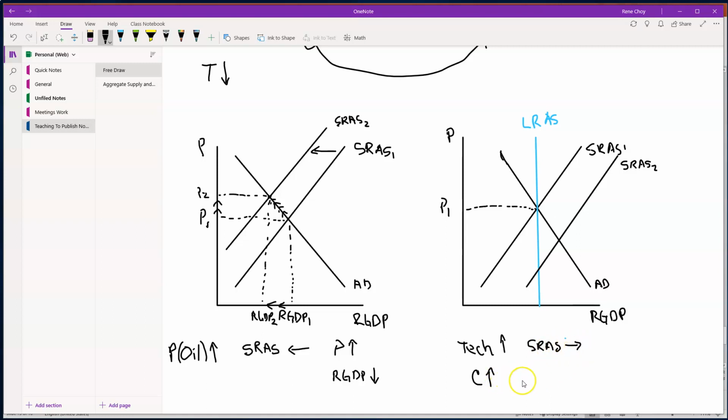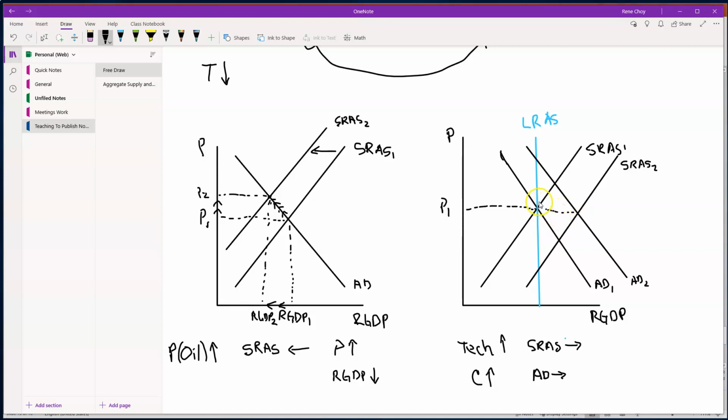Now, this increase in consumption is going to make my aggregate demand shift to the right. So we'll go from aggregate demand 1 to aggregate demand 2. Now, as that occurs, notice that in a basic way, we're going to be moving from this equilibrium to this equilibrium.